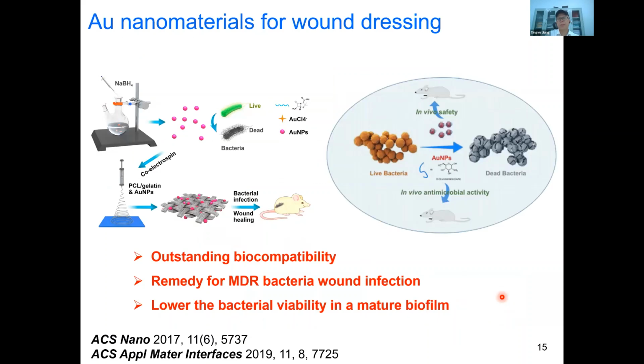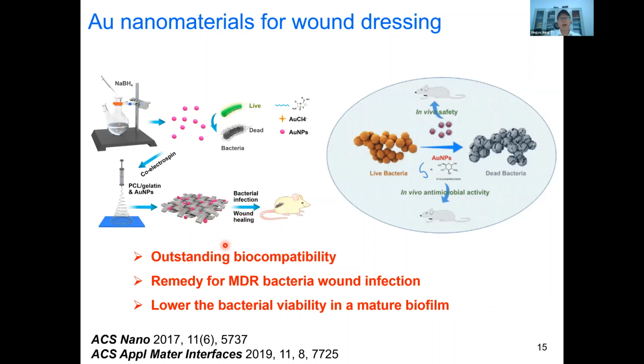So there are many ways in which you can make wound dressing for healing wounds. For example, we use this electrospinning technique where we make polymer nanofibers into a mat and then get nanoparticles on them to treat the bacterial wounds.